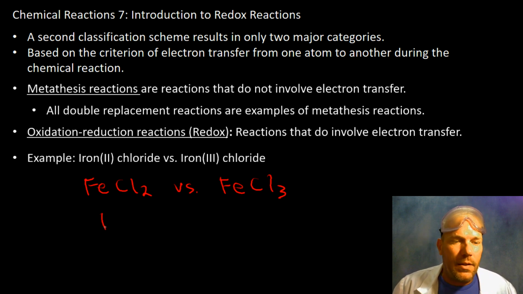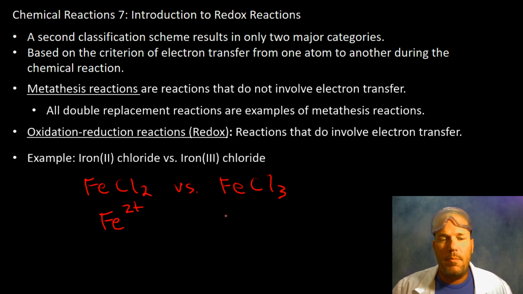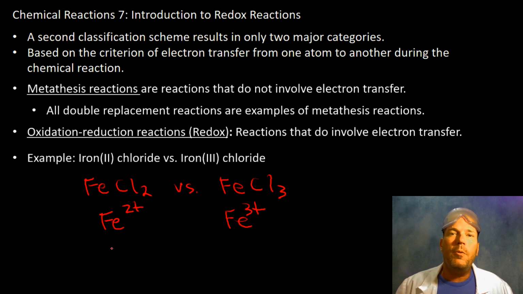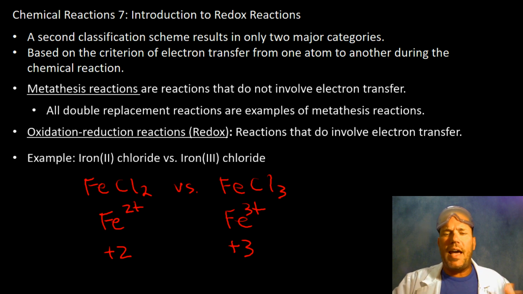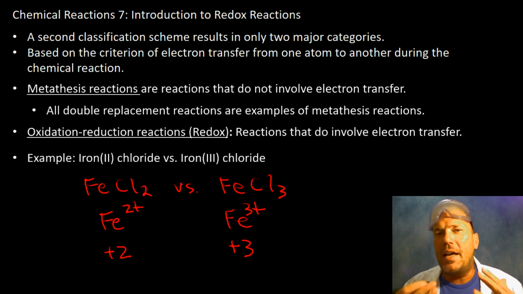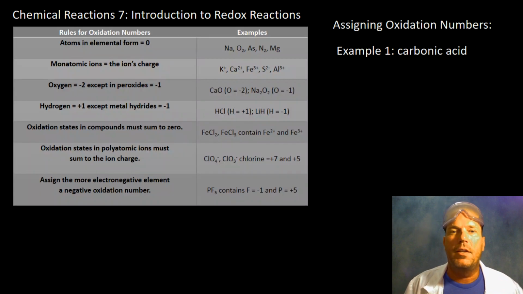We know that this iron here is a charged metal, and this one here, we know this. If we were to assign oxidation states, we would assign them as such. And at this point, you're probably thinking, okay, this is exactly the same thing. Well, we're going to go through several examples, and I'll expound on all of this in a minute.